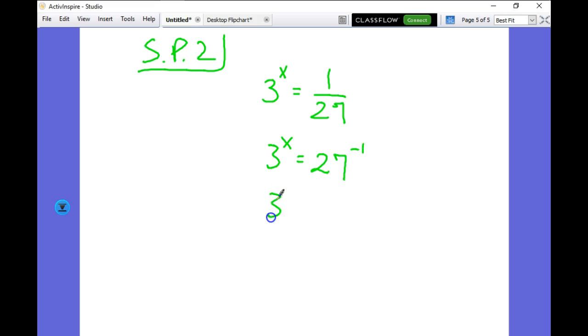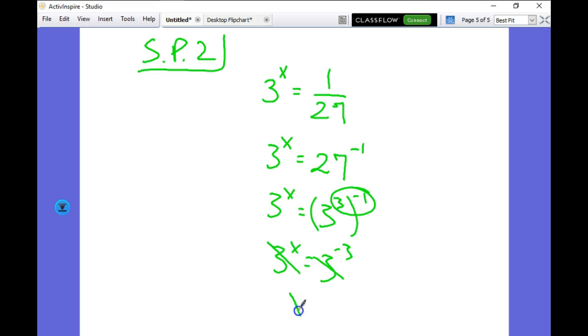And then 27 is 3 to the 3rd power. 3 times 3 times 3, right? And then using our exponent rule there, drop the bases off. Gotcha. Okay. So that's one thing that you may need to deal with is how to deal with the fractions.